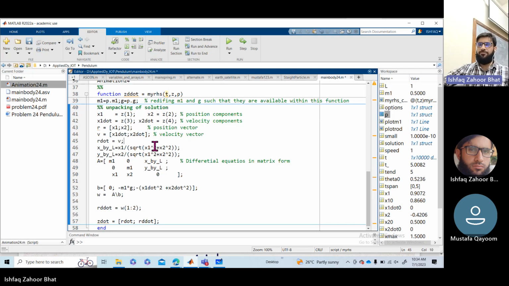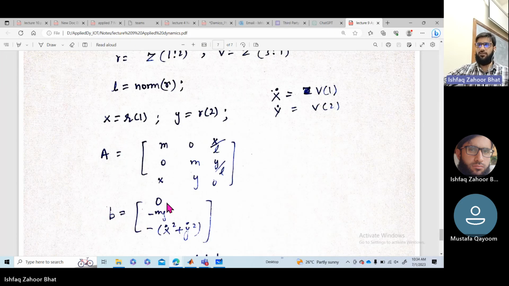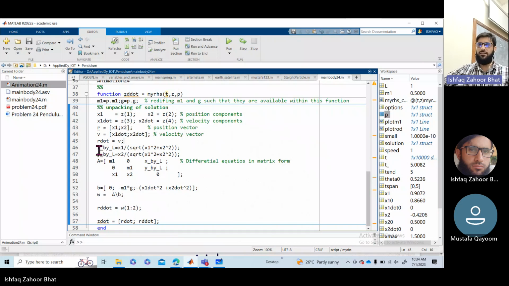Now x by L. If you remember, here we have this x divided by L. So I have defined this variable like this, x by L. So what was this x by L? This is x1, which is this x component, upon L, which is nothing but square root of x1 square plus x2 square.